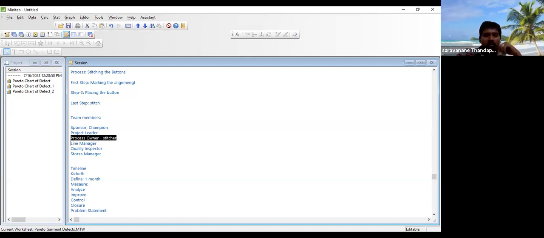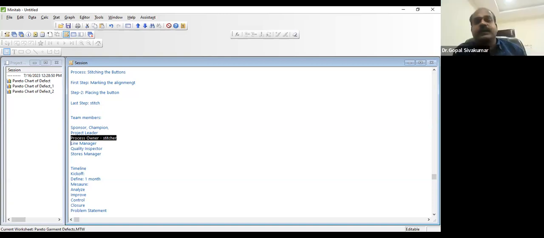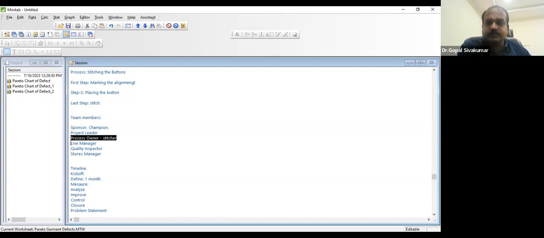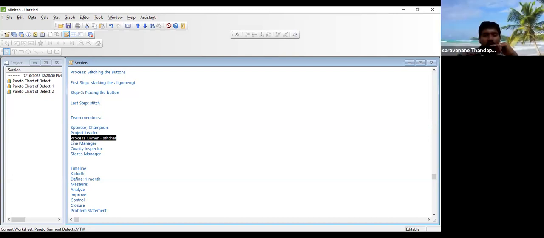Why is the stitcher required? The line manager informs the operational manager. Let me pose another question: why should the stitcher be included, or why should the stitcher be excluded?